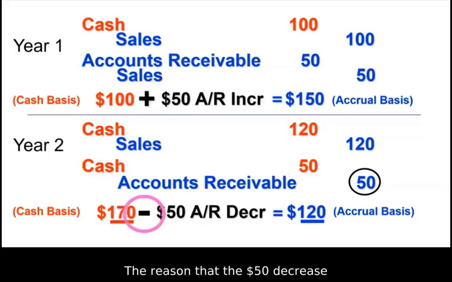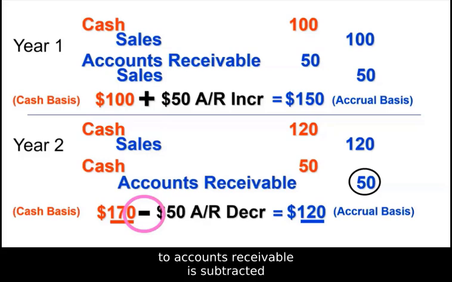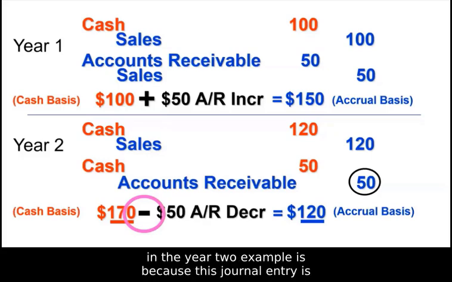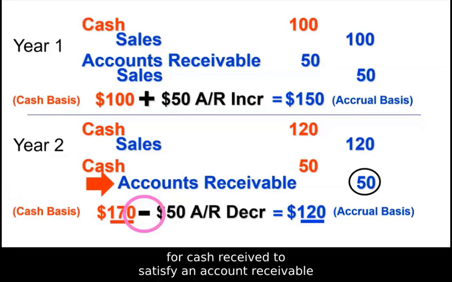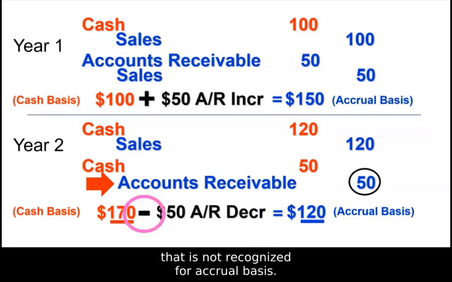The reason that the $50 decrease to accounts receivable is subtracted in the year two example is because this journal entry is for cash received to satisfy an account receivable and is recognized as a revenue for cash basis that is not recognized for accrual basis.